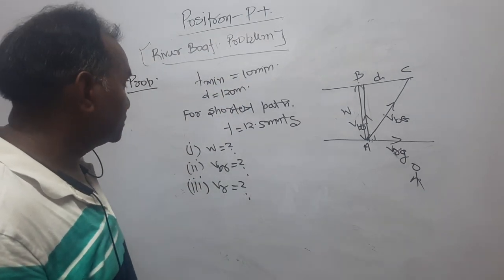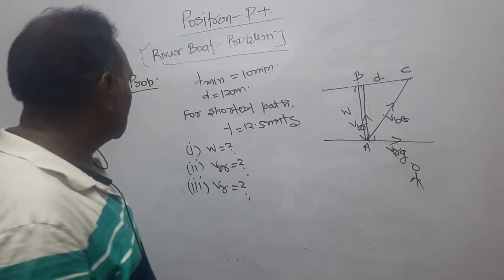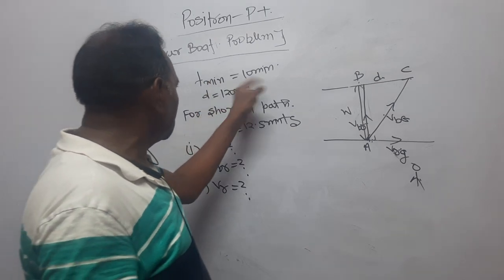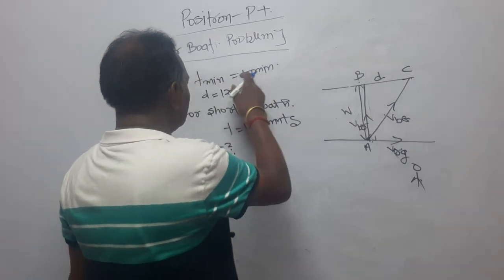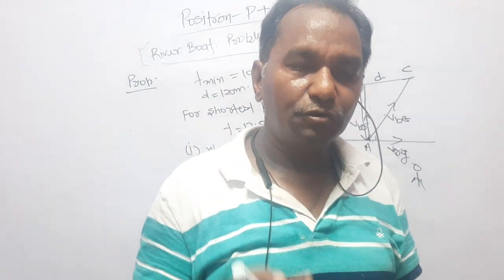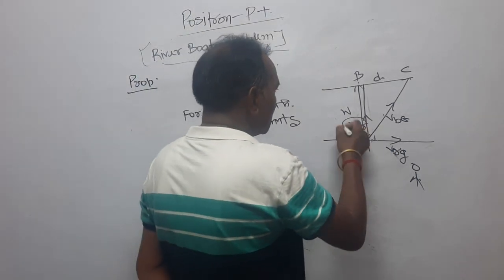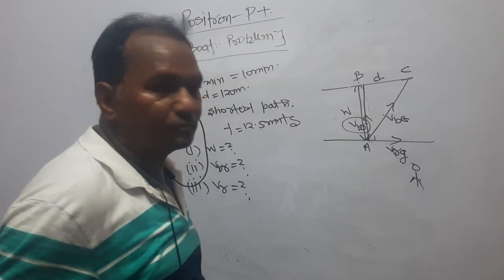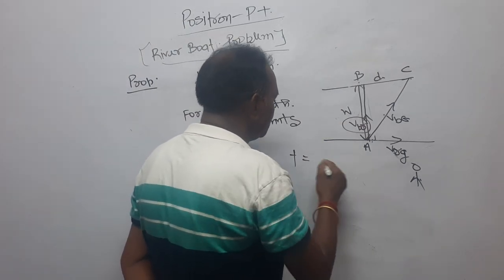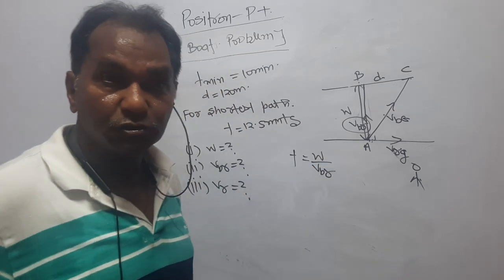Now, dear students, it is given that in minimum time the drift is 120 meter, and T minimum, that is the minimum time taken by the boat to cross the river, is 10 minutes. If you have the velocity of boat with respect to river, then you can directly find T is equal to W upon VBR, right? But W is also not given.